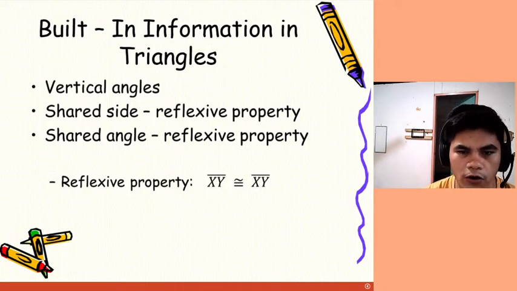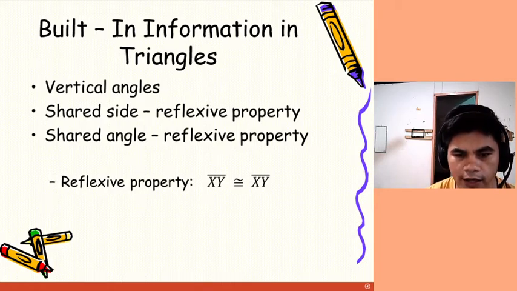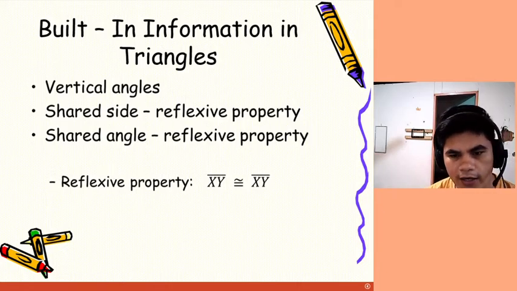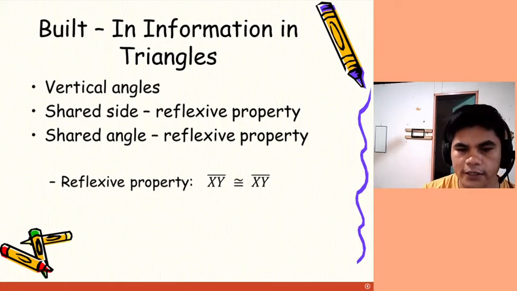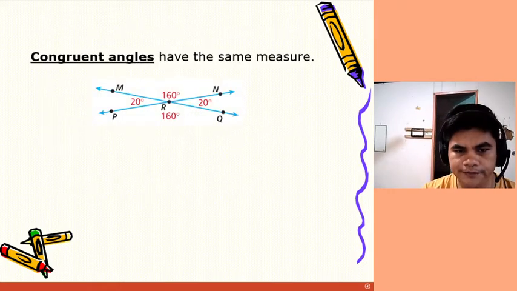A shared side is always about the reflexive property, and a shared angle is also about the reflexive property. Example, if we have side XY congruent with side XY, two sides the same are congruent. XY is congruent to XY, or XY is congruent to YX. The reason is they are a shared side, or the reflexive property.